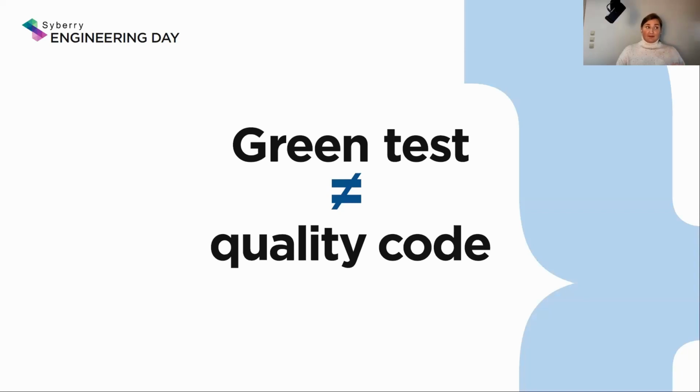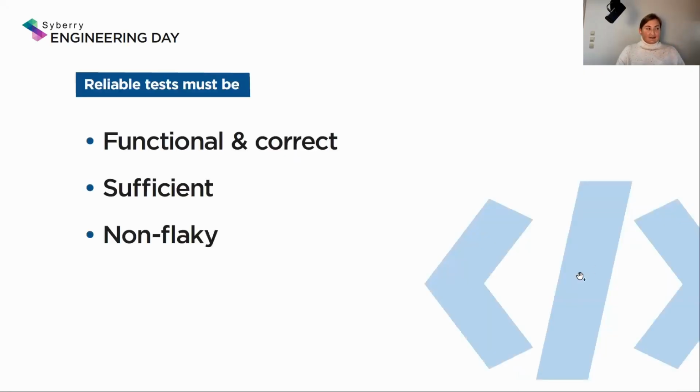Yes, and we would actually like to rely on our tests, correct? In order to rely on the tests, they should adhere to the following criteria. First, our tests should be functional and correct, which means that our tests should test the functionality properly, similar to validation in testing terms.